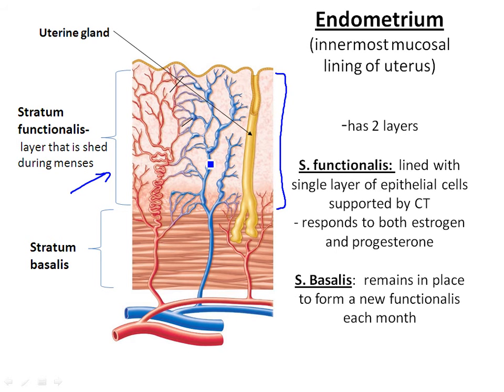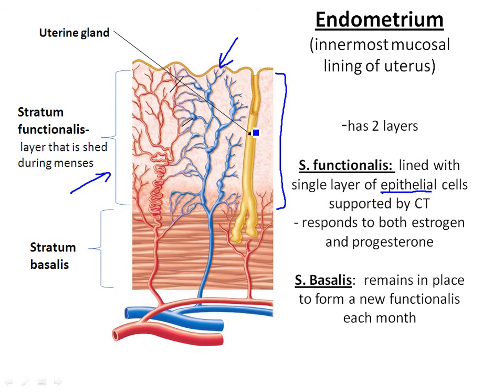But we also have other things going on as well. We have a thin epithelial layer. Epithelium, we know, is the type of tissue that covers and lines different types of body parts. So we have a single thin cell layer here at the very surface of the endometrium.